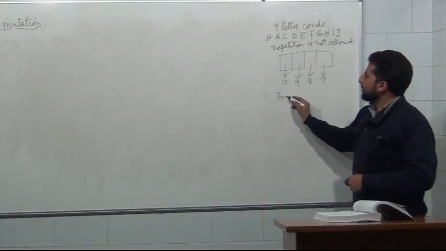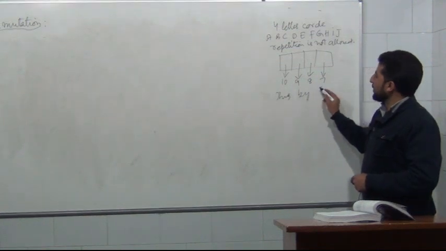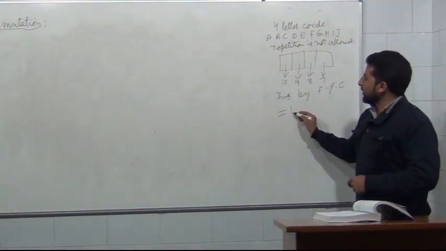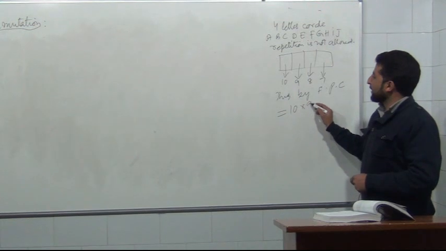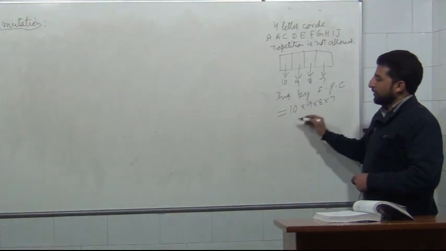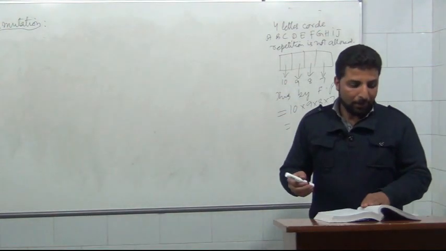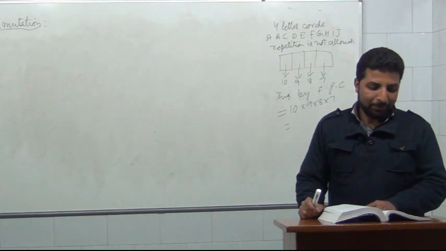Thus by FPC the total number of such codes is 10 into 9 into 8 into 7. You can calculate it.